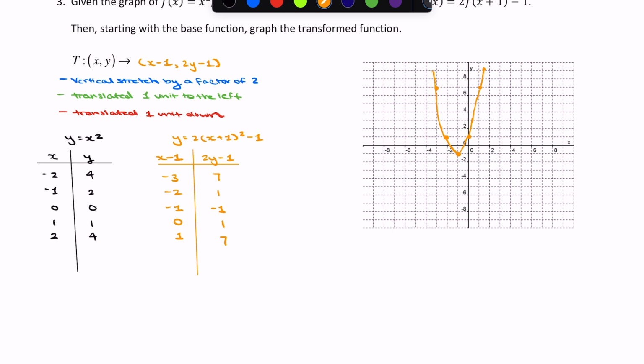So it looks something like that, and that's our graph. y is equal to 2(x plus 1) squared minus 1.